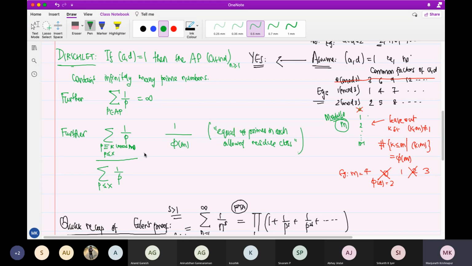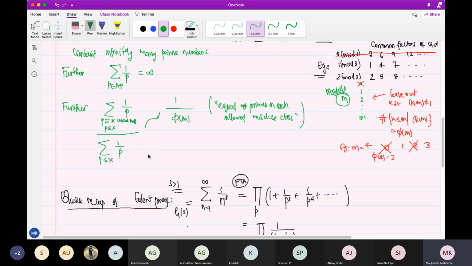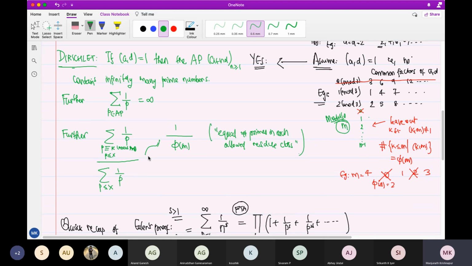In other words, the number in this arithmetic progression is roughly the same. Of course we are taking some weighted sum, but you can do it for numbers too: the number of primes less than or equal to x in this arithmetic progression, divided by the number of primes less than or equal to x, that ratio goes to 1 over phi of m. That much is true.